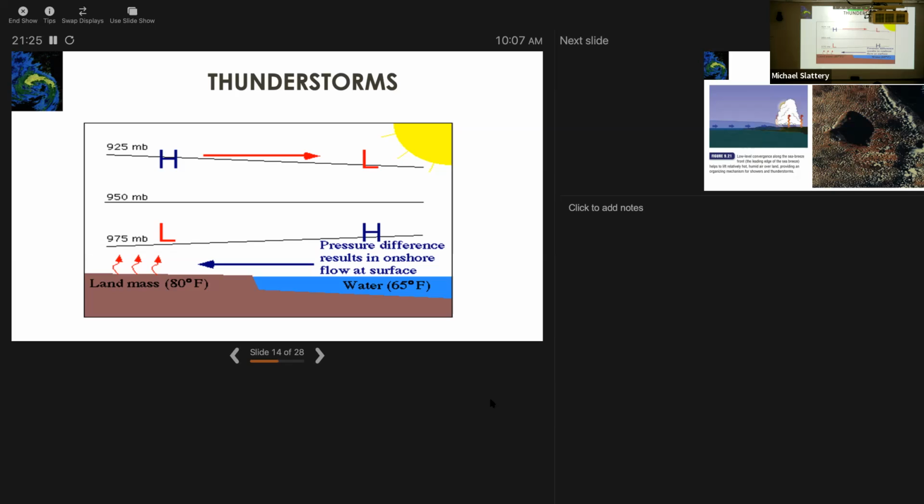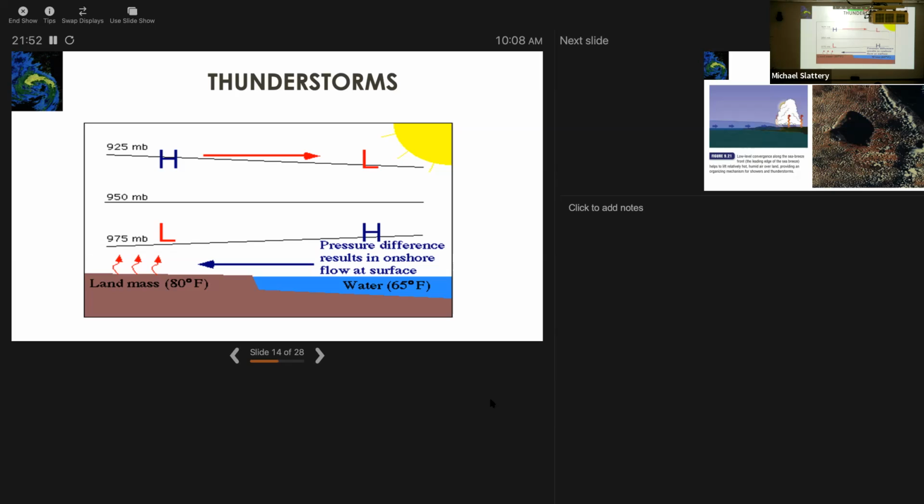The heating over the land sets up a relatively low pressure. Relatively speaking, we're not talking about dropping pressures from 1,000 millibars to 900 millibars. It can be quite subtle, but it sets up lower pressure here and a relatively higher pressure offshore over the colder water. That's what the temperature gradient does.